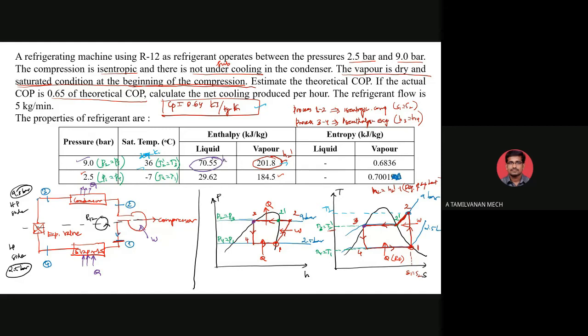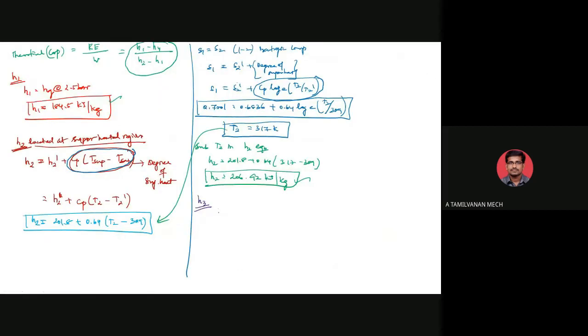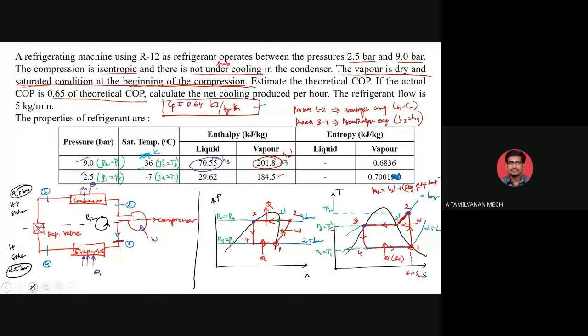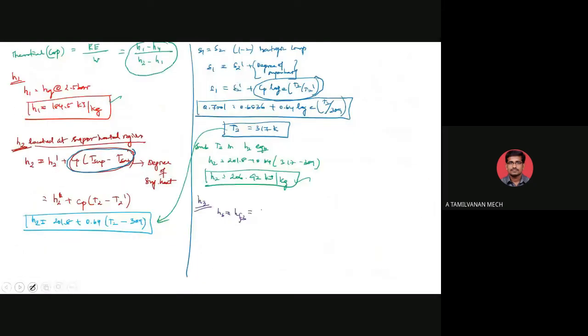This value is called H3. So H3 is equal to hf3, the value you got from the table, which is 70.55 kilojoule per kilogram.